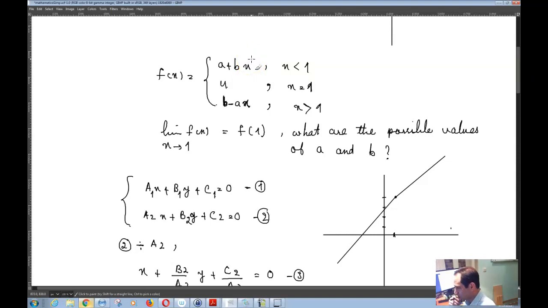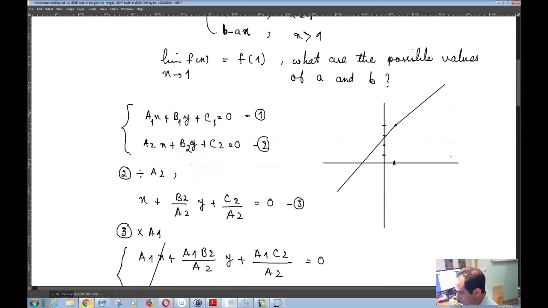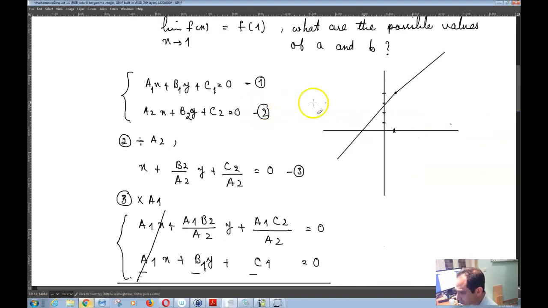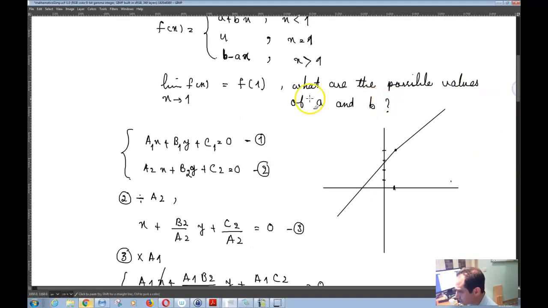x is equal to 1. Well, you can of course then do the same thing and get the value of x as well, and then use the 2 points in order to find the values of a and b.